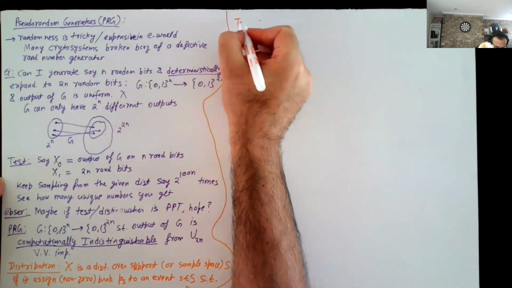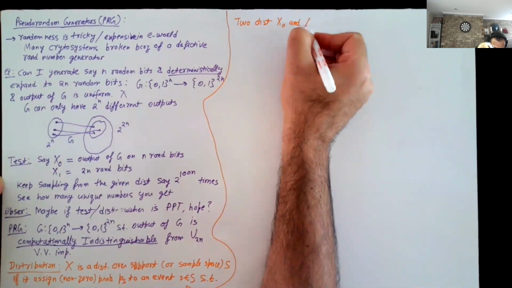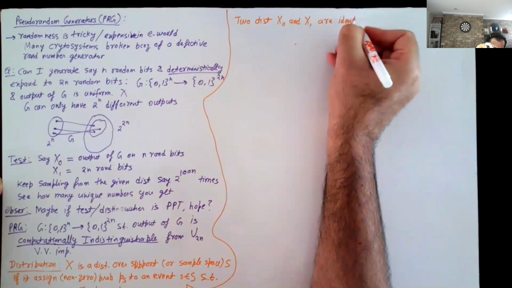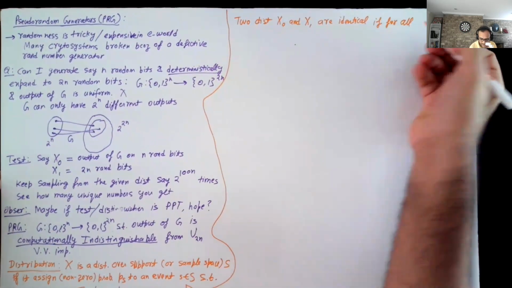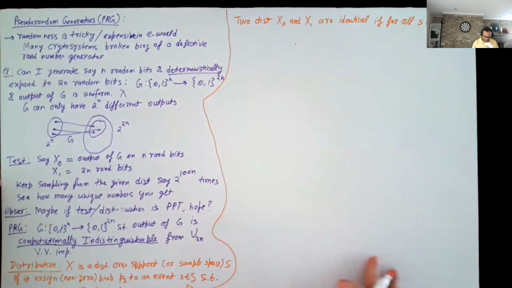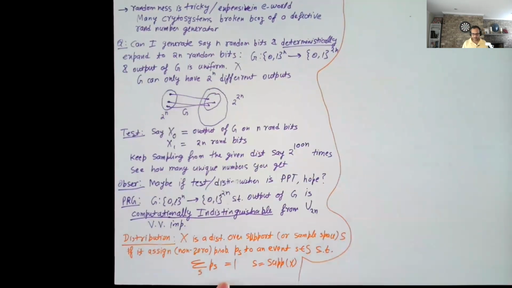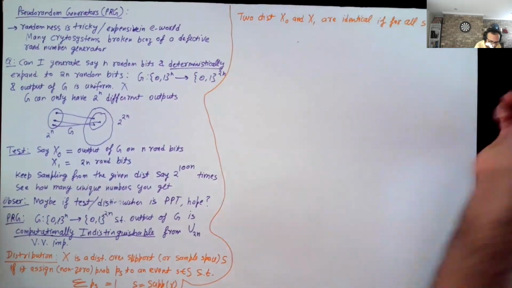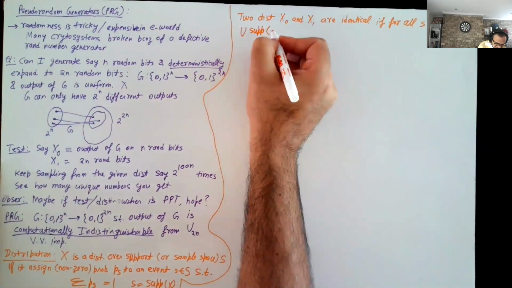What I want to say is that two distributions, let's call them x0 and x1, are identical if for all s in the support of X0 union support of X1.